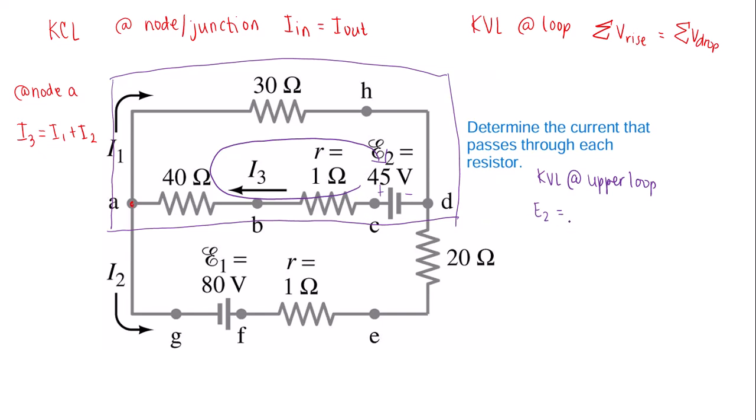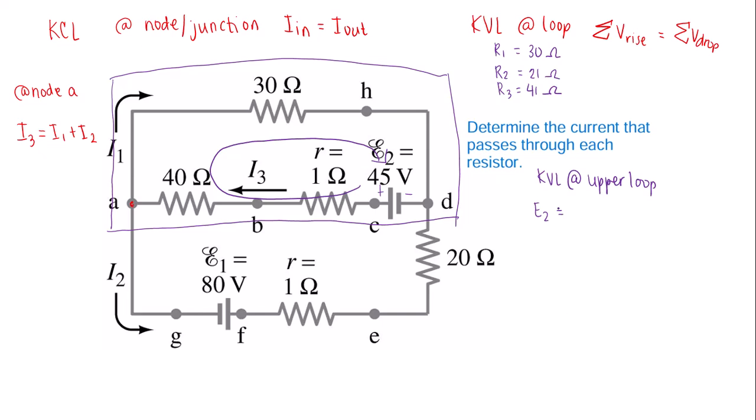It's actually resistor, this resistor. This is I3, meaning the sum of 40 ohms and 1 is R3. So we have R3 equals 41 ohms. And then we have R1, 30 ohms. And then below, internal resistance and resistor. So let's assign 21 ohms to R2.